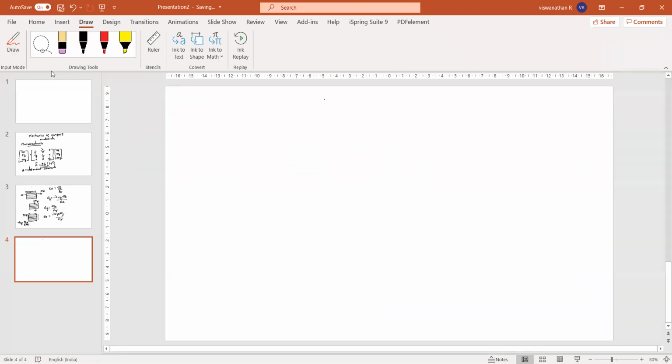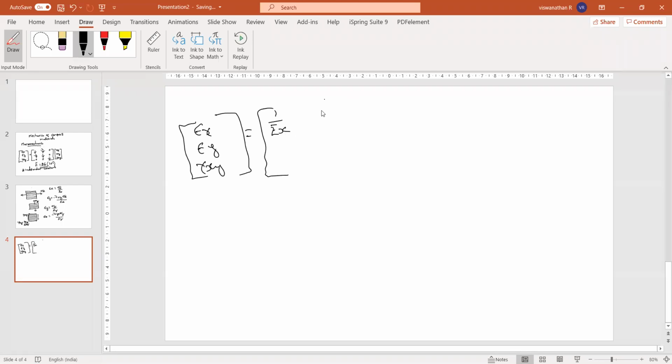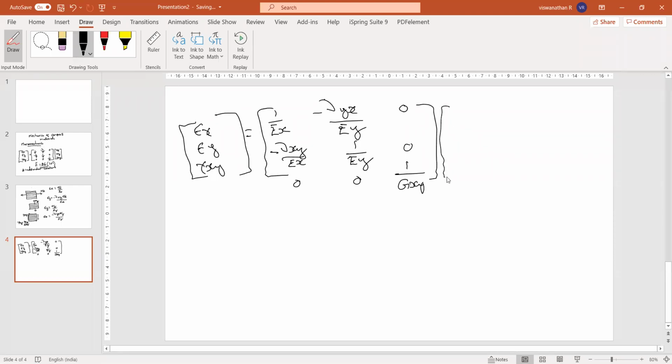First we'll write the matrix. How does the matrix look? It will be epsilon x, epsilon y, gamma xy, equal to the matrix: 1 by Ex, minus nu yx by Ey, 0; minus nu xy by Ex, 1 by Ey, 0; 0, 0, 1 divided by Gxy; multiplied by sigma x, sigma y, and tau xy.